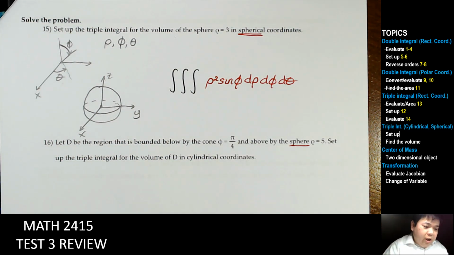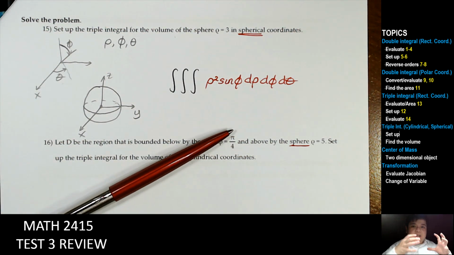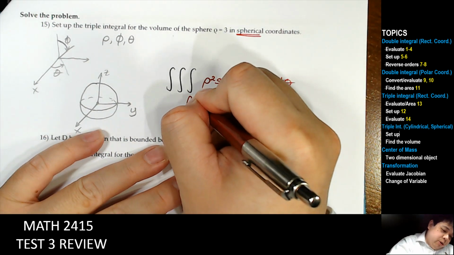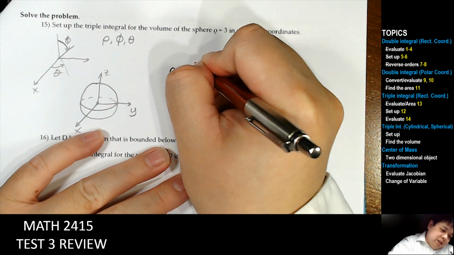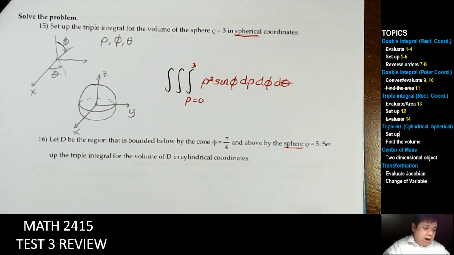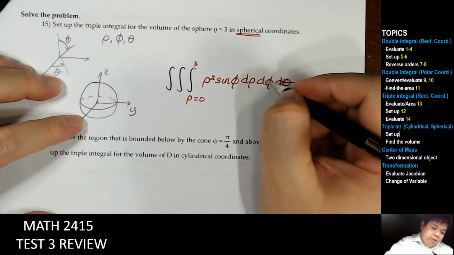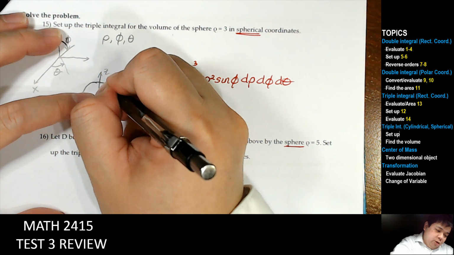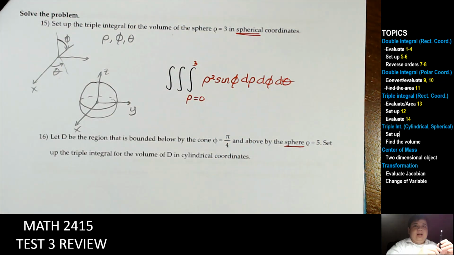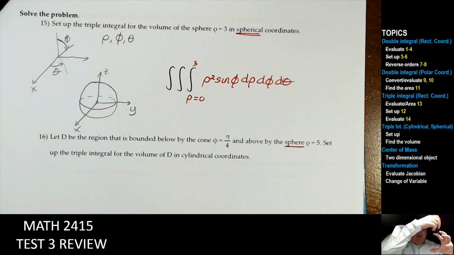The rho is limited by the sphere, so this is easy. The rho will go from 0 to 3. Next, for phi, we go from the North Pole. It's just like you see the Earth or the globe from the North Pole to the South Pole.